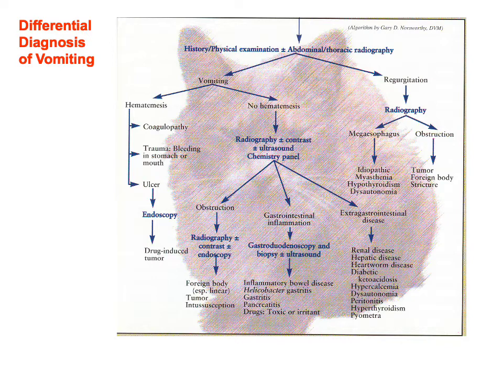And I draw your attention to the right corner, where you can find the extra-gastrointestinal diseases causing vomiting, and these are the renal diseases: renal failure with uremia, the hepatic diseases, heartworm disease, diabetic ketoacidosis, hypercalcemia, and any forms of peritonitis, hyperthyroidism, especially in cats, pyometra, and other causes can contribute to the vomiting.